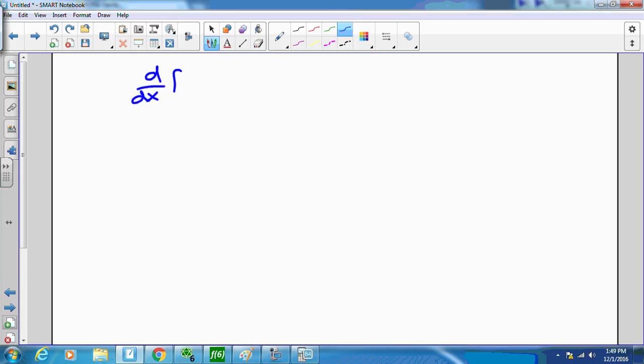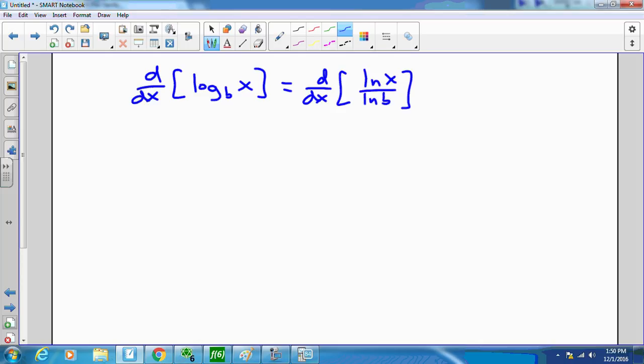And then finally, the real payoff for today is the calculus. And that is that the derivative of log base b of x will be the same as the derivative of ln x over ln b.